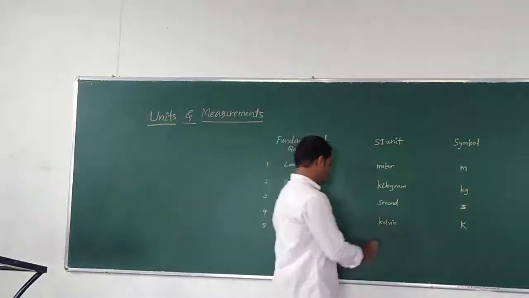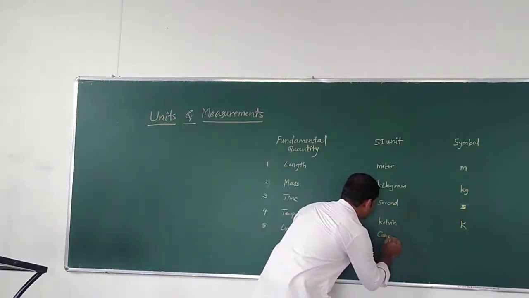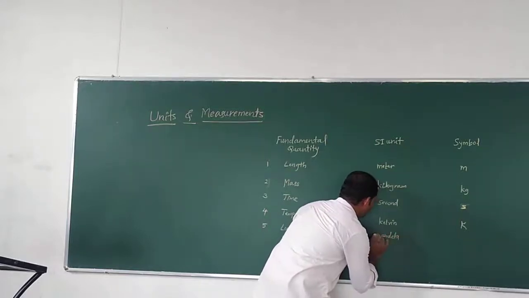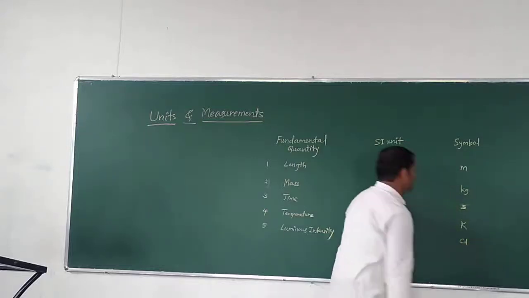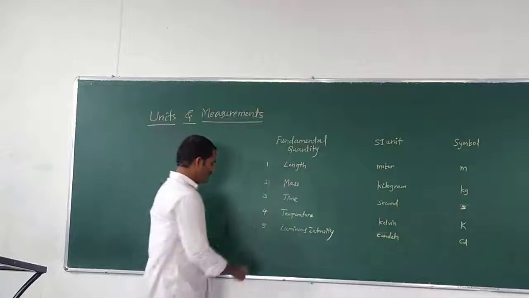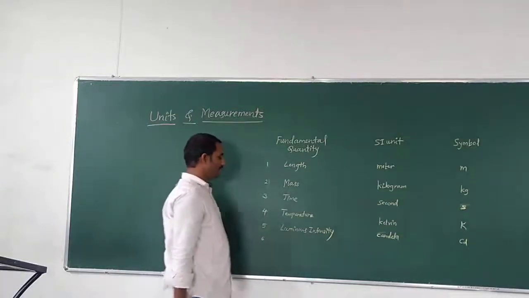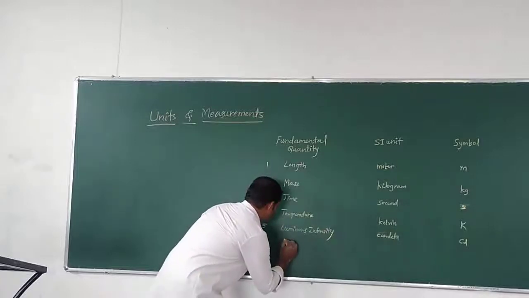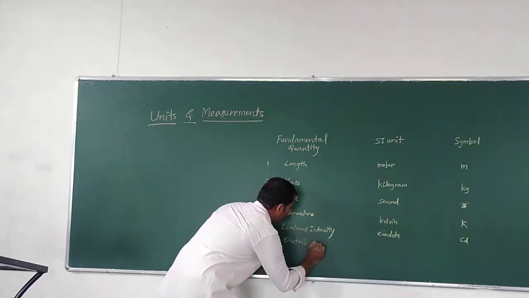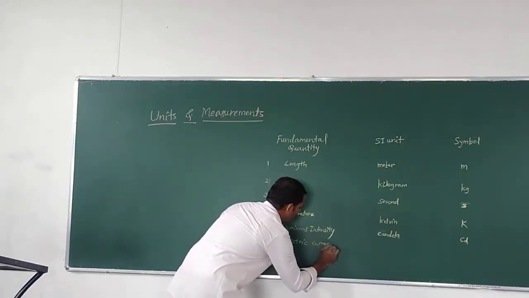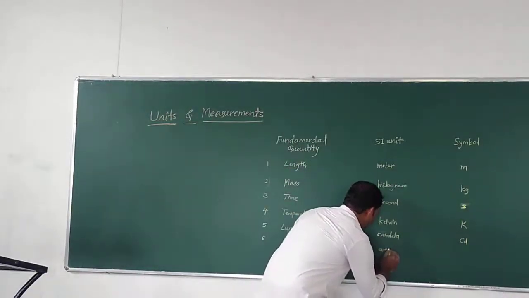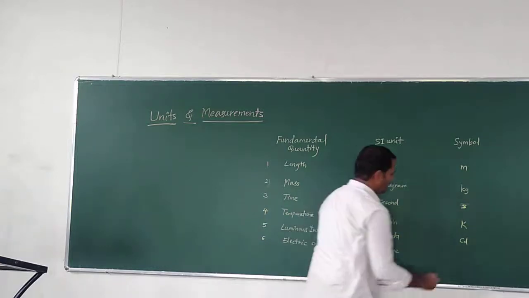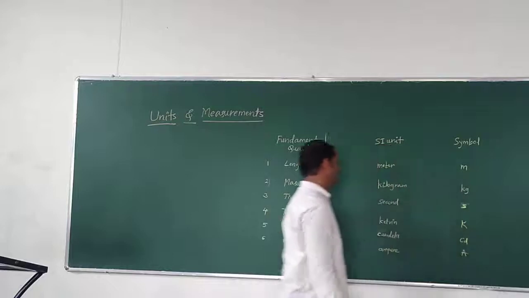Luminous intensity unit is candela. So this c is small. Candela and symbol is capital C, small d. Then sixth fundamental quantity is electric current. So unit is ampere and symbol is capital A.